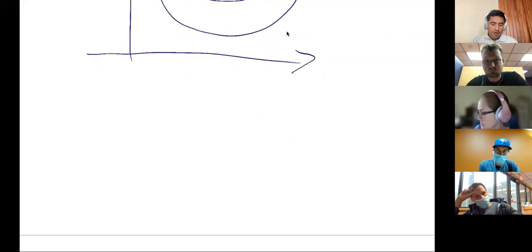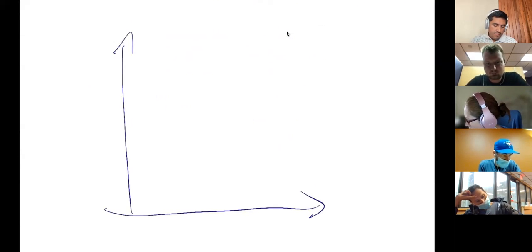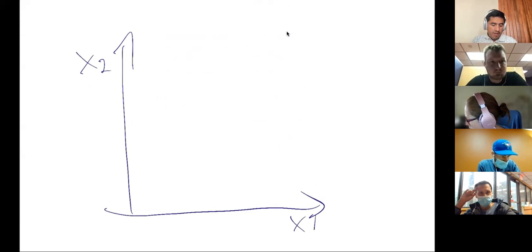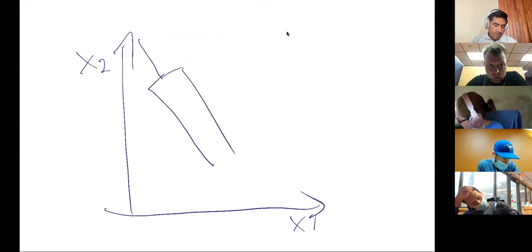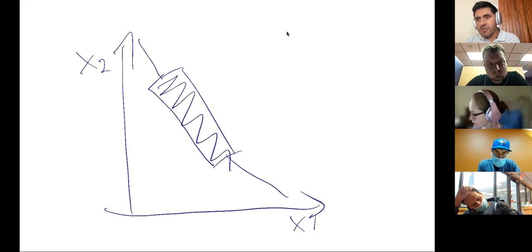Now let's go to another example. I'm going to do indifference curves now. I have two goods, x1, x2, and my indifference curve is going to be like this. So this is kind of a weird indifference surface, right? It has all this area here.